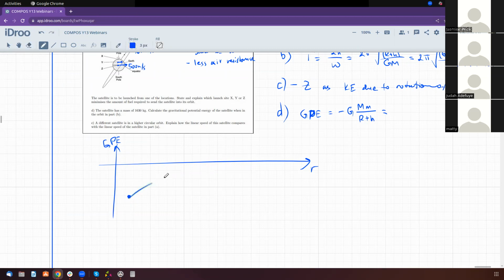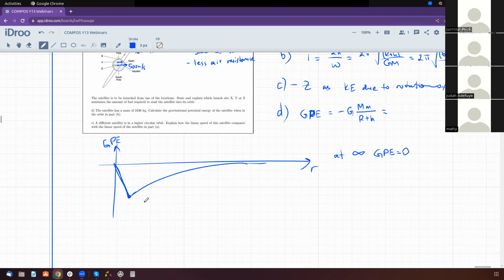Inside the Earth, it's going to go like this, but that's not that important. So yeah, it becomes less negative. At infinity, GPE is 0. And here it is negative.